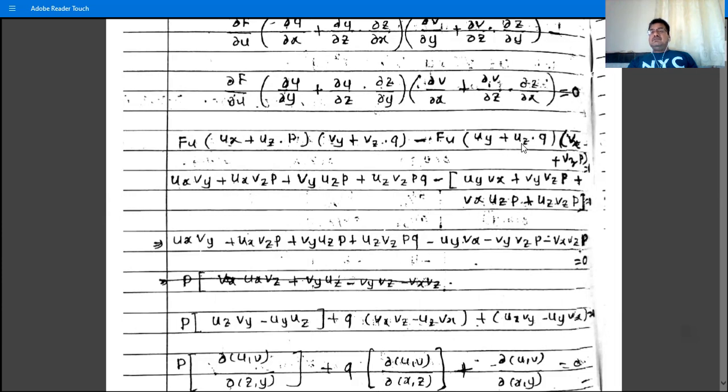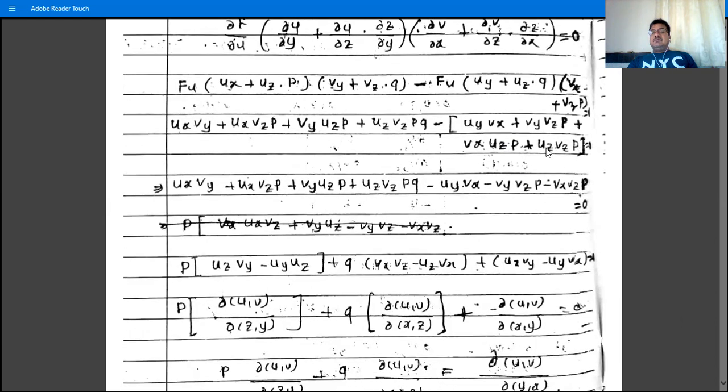Then the last term u_z v_z pq, is equal to 0.